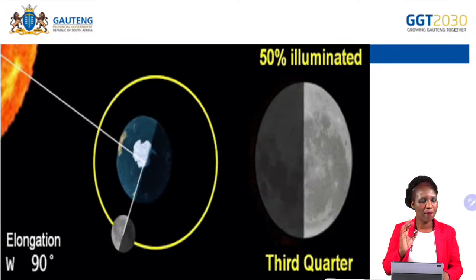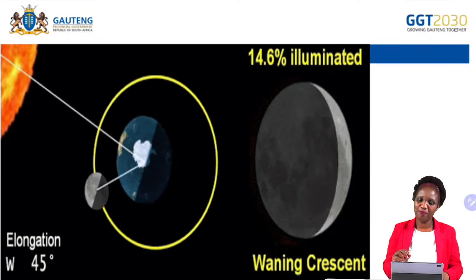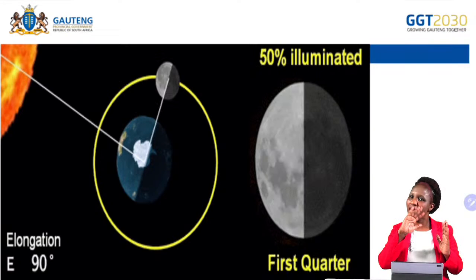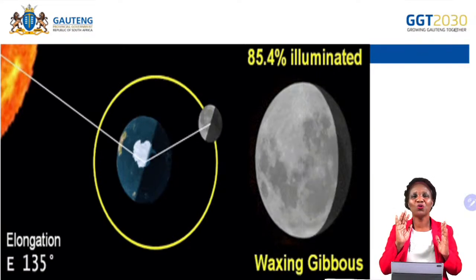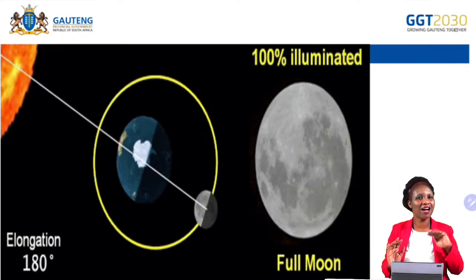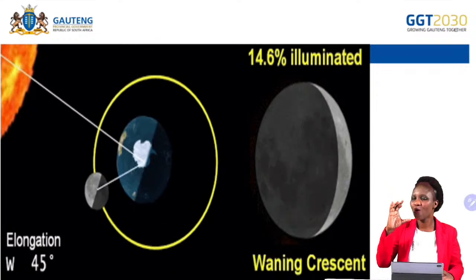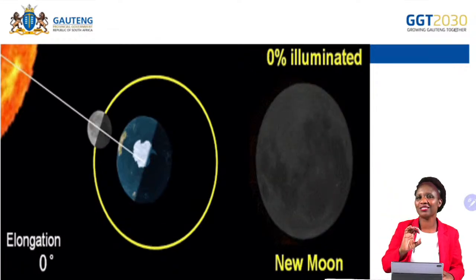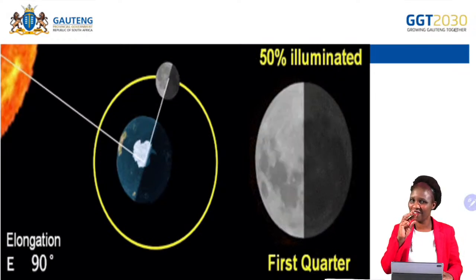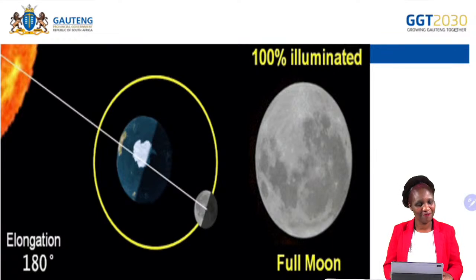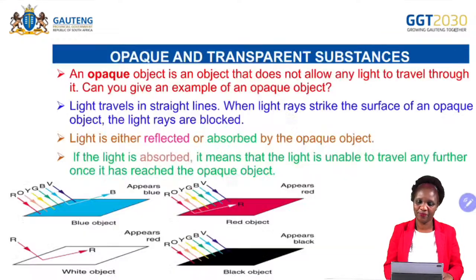It would have blocked it. And then at times, if it is illuminated 50%, the half of the moon will be reflecting light and the half will be dark. And even if it reflects what? A quarter, then the 3/4 will be dark. And if it reflects 3/4, then the quarter will be dark. Do you get it? Good, grade 8.